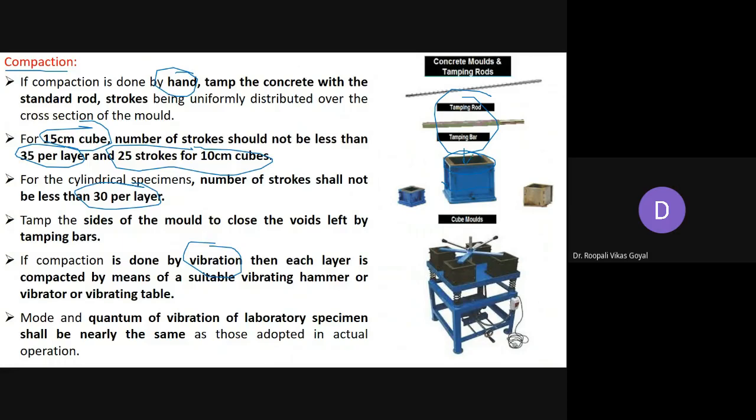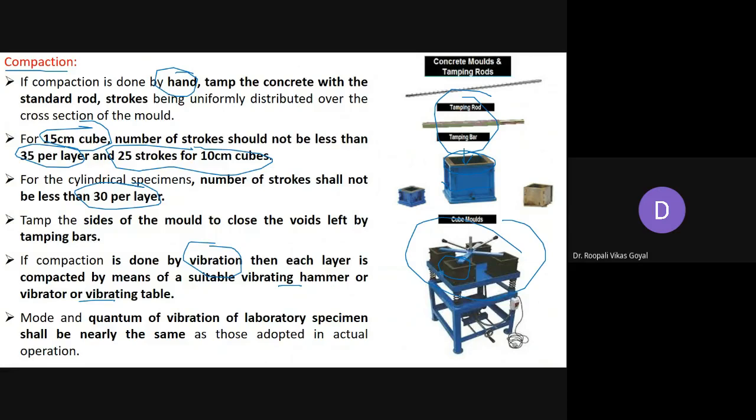So if you want proper compaction, then you can utilize vibration. Such vibrating tables are available, under which you keep your mold, and you can compact it properly by using either a vibrating hammer or a vibrating table or vibrator.